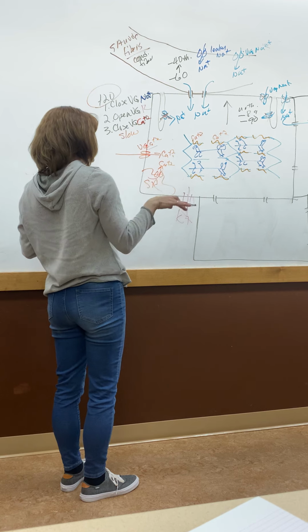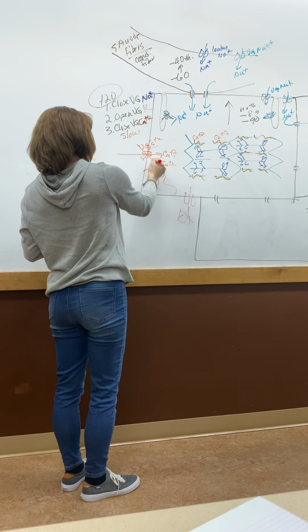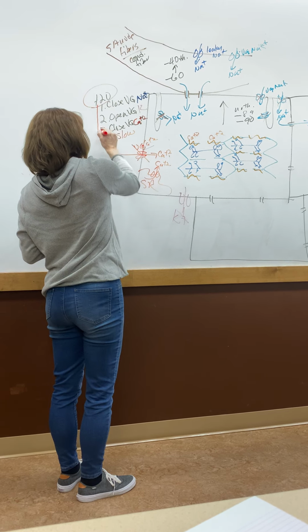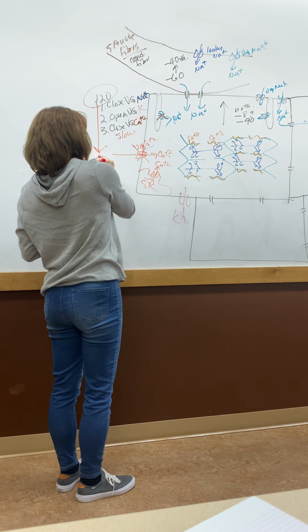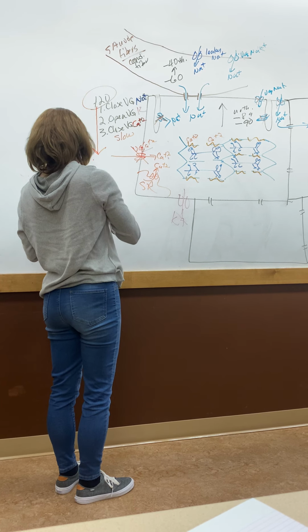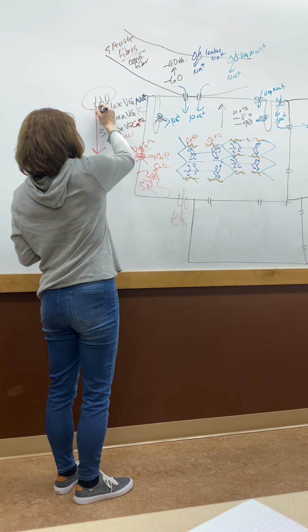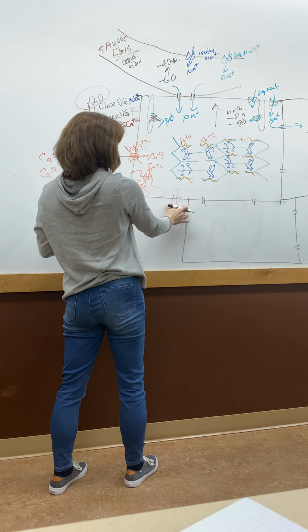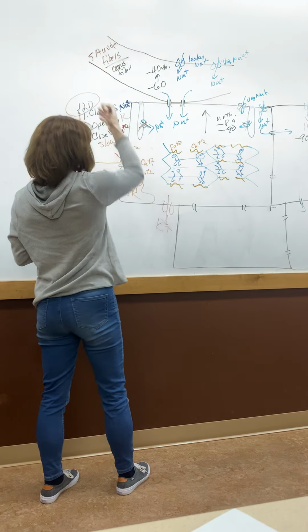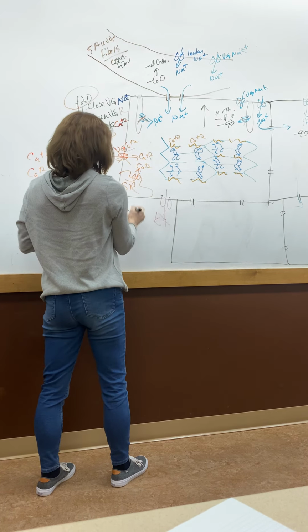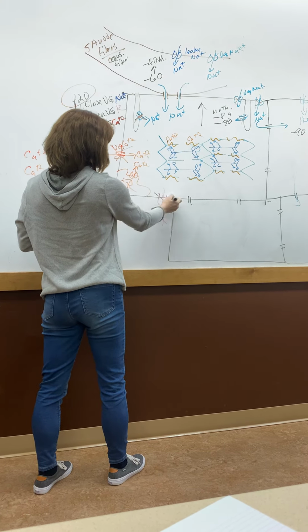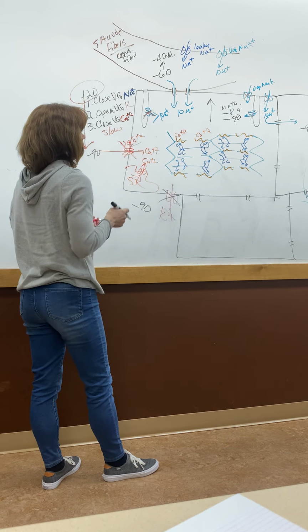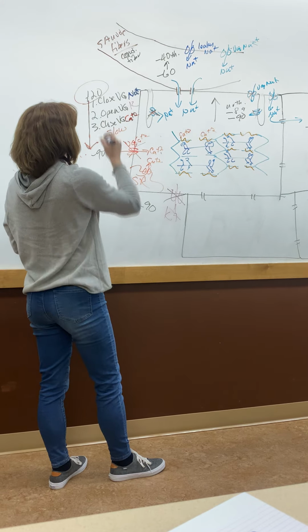Nothing until these slow guys finally close, and then we can bring our plus 20 back down to minus 90. Once all the other gates close and potassium is open, we bring our plus 20 back down to minus 90. And at minus 90, our potassium gates will close, and we're ready for another influx of sodium from our SA node.